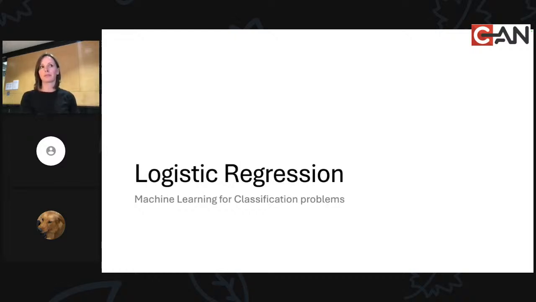You guys remember in the first session, I said there's different types of machine learning problems. There are supervised learning problems and there are unsupervised learning problems. And under the supervised learning domain, there are classification problems and there are regression problems. The regression problems, we talked about those.